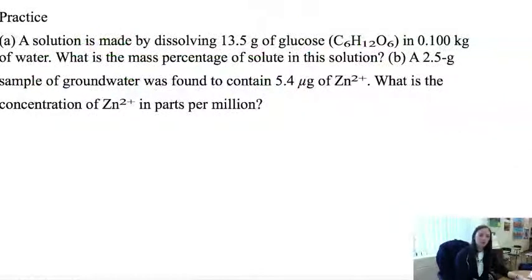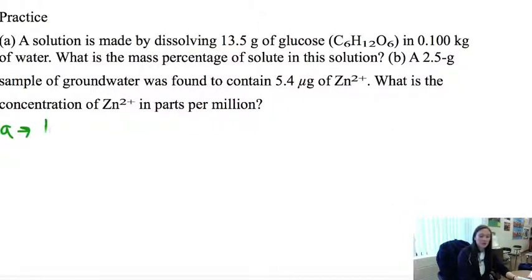So let's look at an example. I have a solution made by dissolving 13.5 grams of glucose, which is a type of sugar, in 0.1 kilograms of water. What is the mass percentage of the solute in the solution? Then we'll have another one with parts per million. Look at A here.